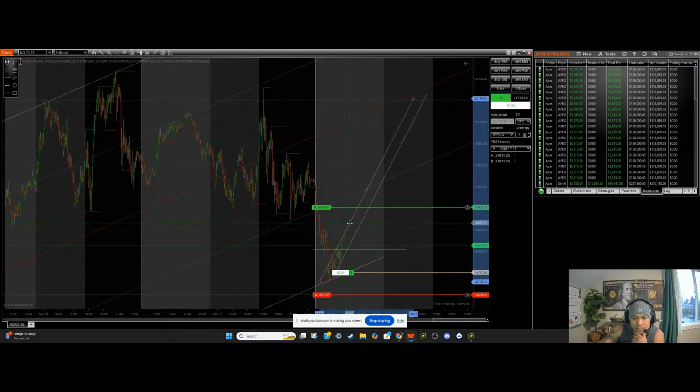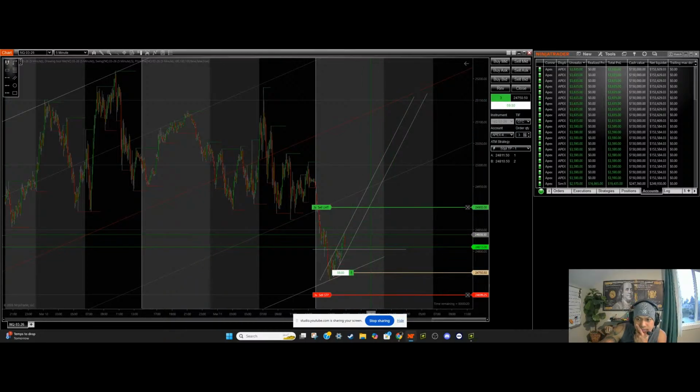As we can see, that did touch the upper trend line here. All I did was copy this trend line and paste it over to the other side to give you a miniature range within the range, and that's exactly what it's doing. It's doing a major pullback.